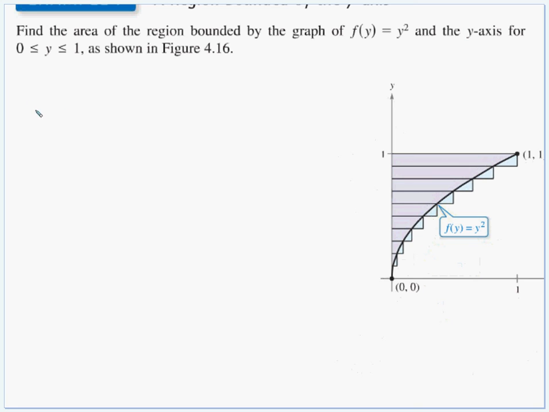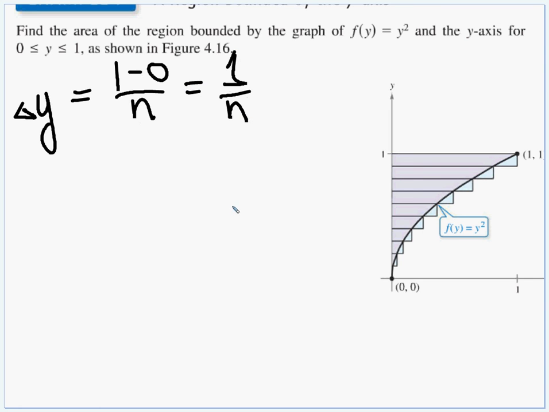So we're not going to be finding a delta x. Remember, delta x was the base of our rectangles. This time, it's going to be a delta y, but the idea is the same. B minus a over n, or 1 over n, is the base of our rectangles.